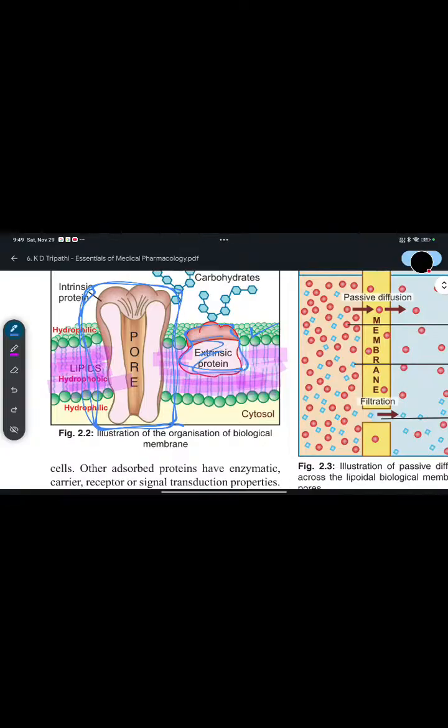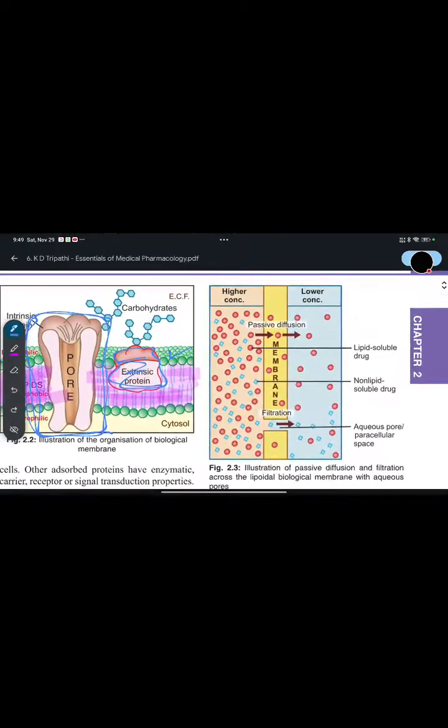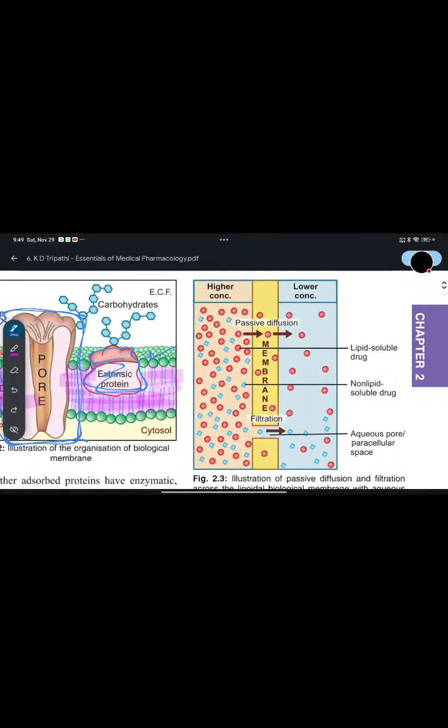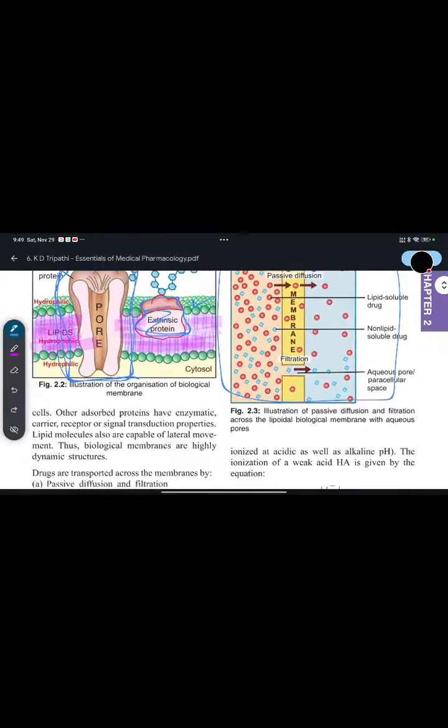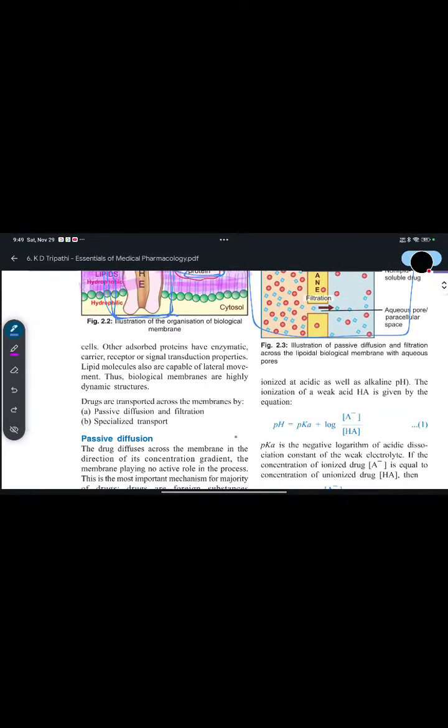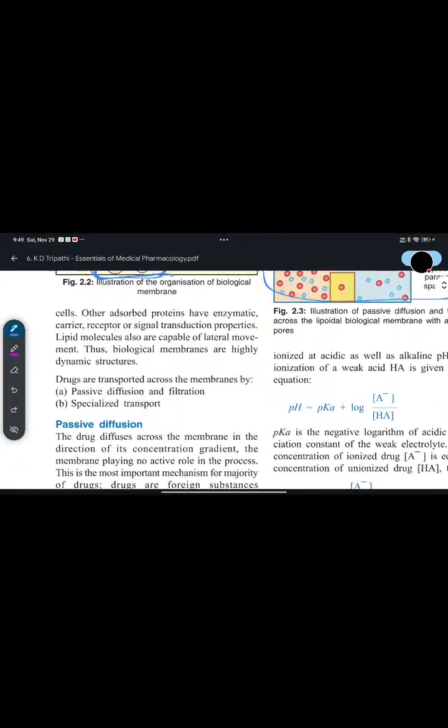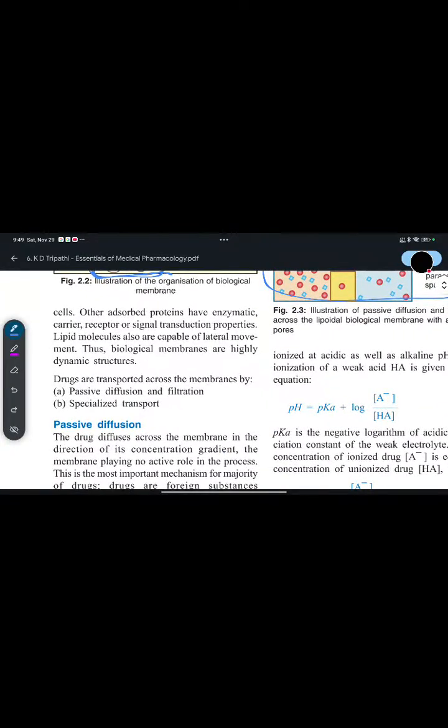Now we will understand this diagram. This is very, very important. Before understanding this diagram, we will see what is passive transport and what is active transport. There are two different types of transport biological membranes allow.